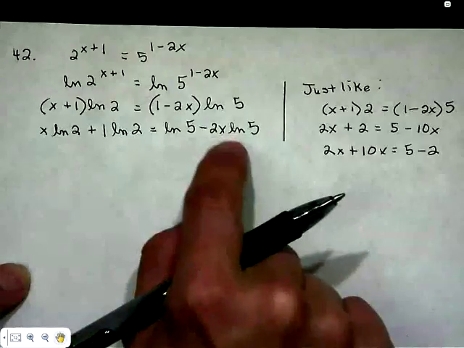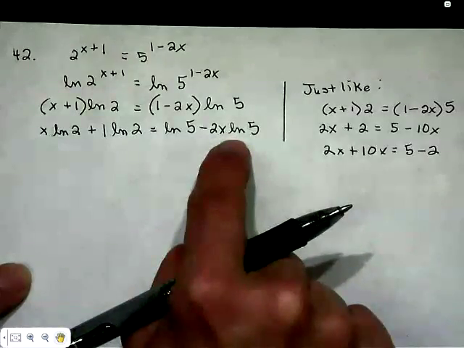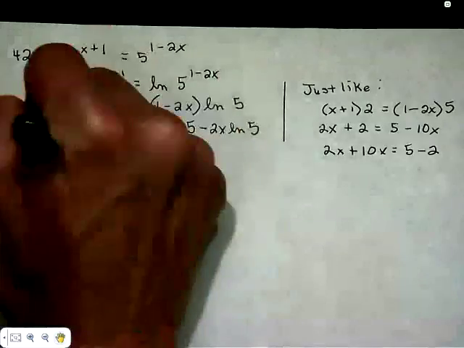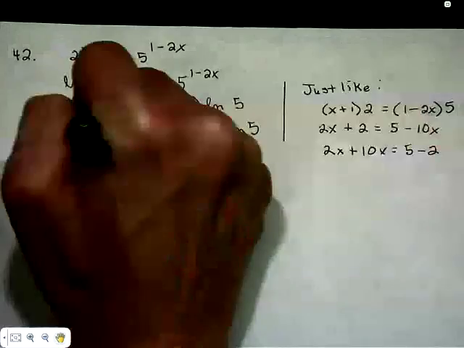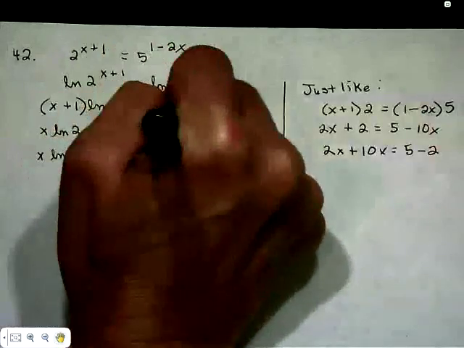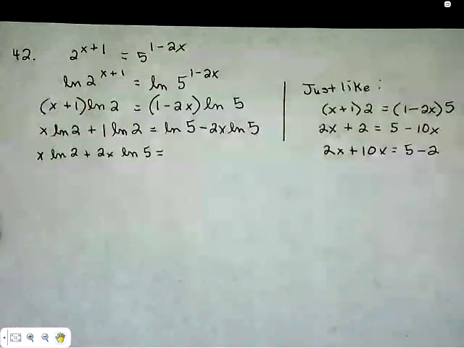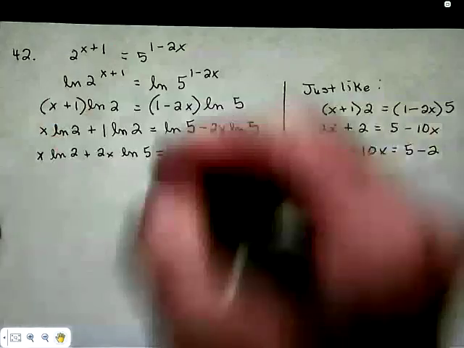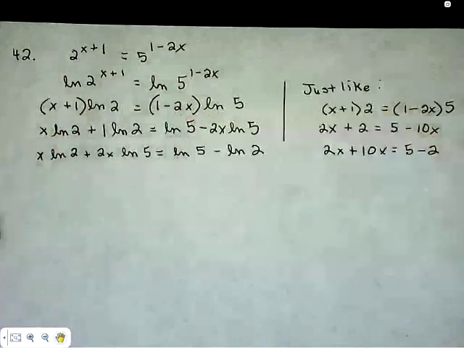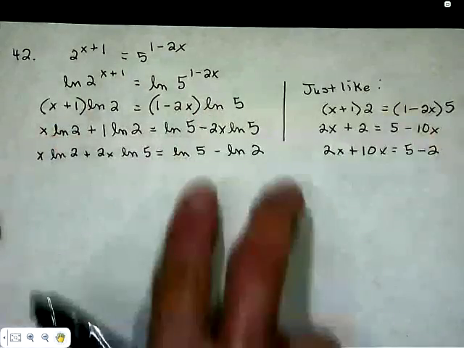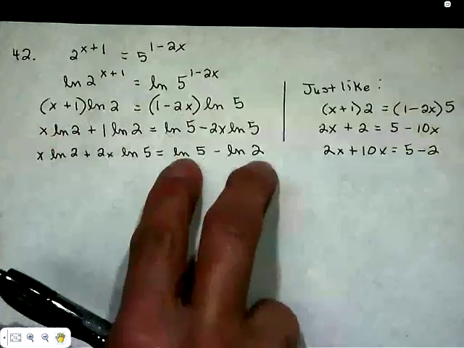Add the 2x natural log of 5 to both sides. And then I am going to do what you said, Kevin. I'm going to subtract natural log of 2 from both sides. But I can't combine them. They're not like terms.